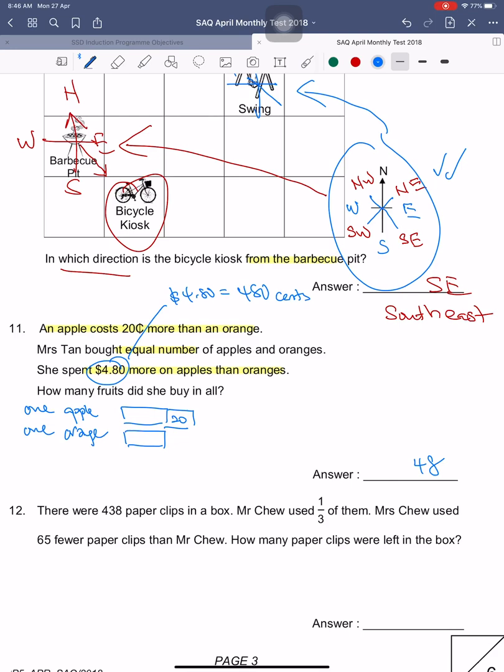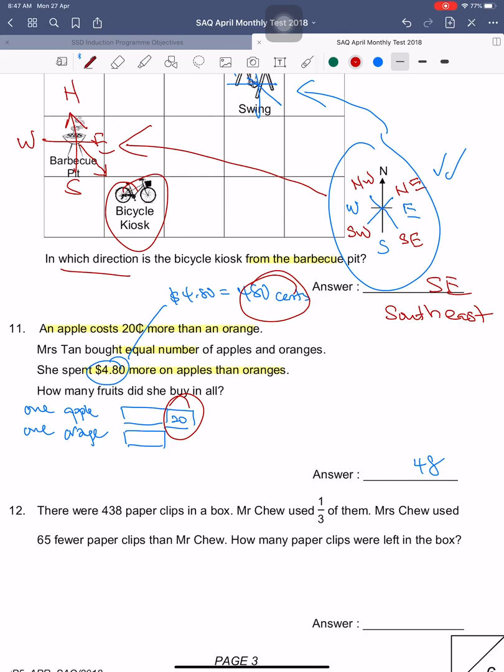Because she bought the same number of apples and oranges, if I add up all my 20 cents, because every apple is 20 cents more, 20 cents, 20 cents, 20 cents, that will add up to 480 cents. Remember every one apple is 20 cents more, and she spent 480 cents more on apples than oranges.